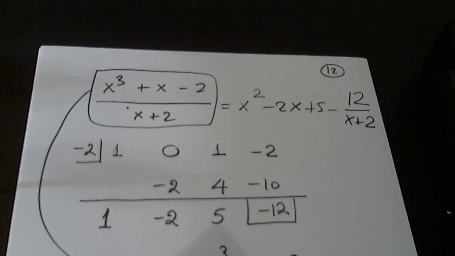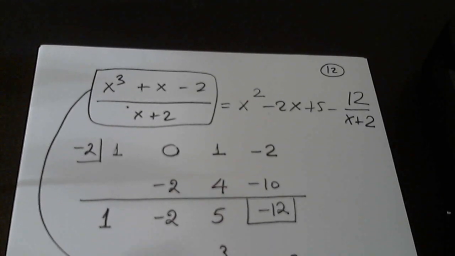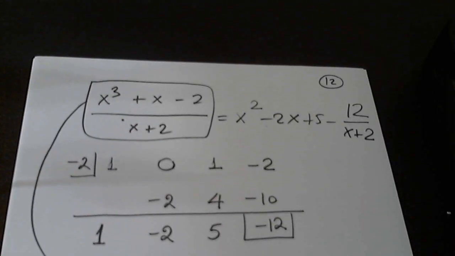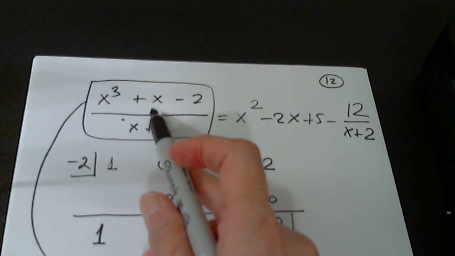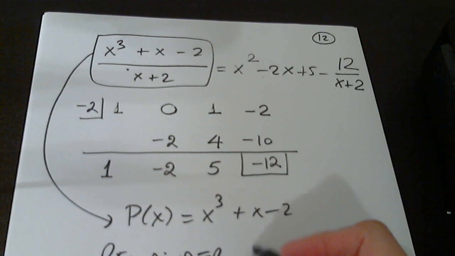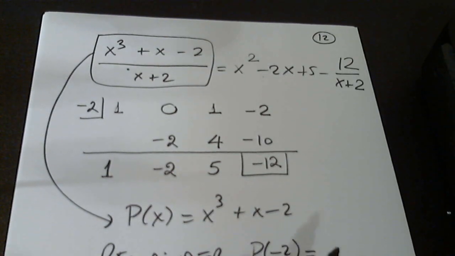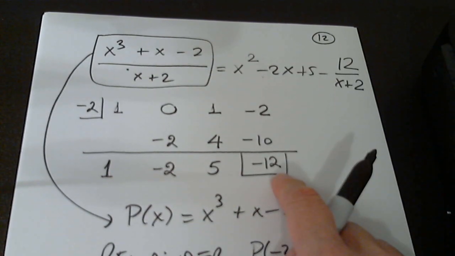How do I find the remainder? I know it's -12. I want to check. What do I need to do? Plug -2 in the polynomial here. If this answer is not -12, something is wrong.